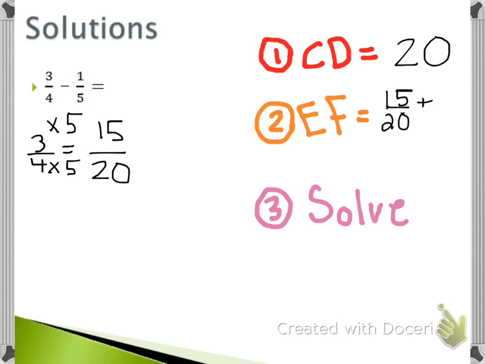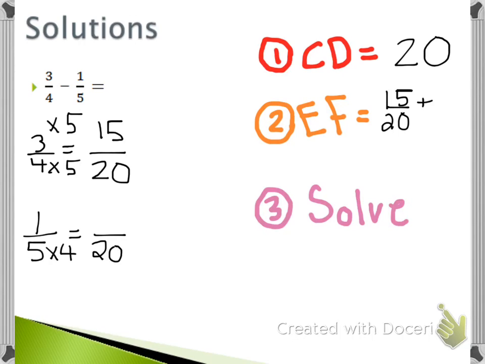But I'm not done with step 2, because I need to find the equivalent fraction for 1/5 that has the common denominator 20 as its denominator. And I need to look at the 5 in 1/5 and ask myself, okay, what do I multiply the 5 by to get 20? And I need to multiply that 5 by 4 to get 20.